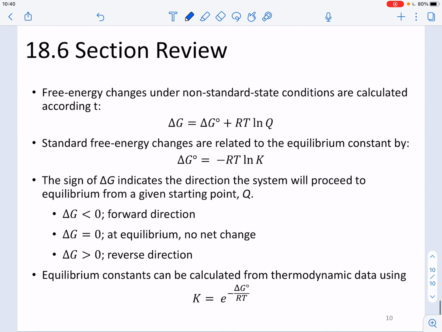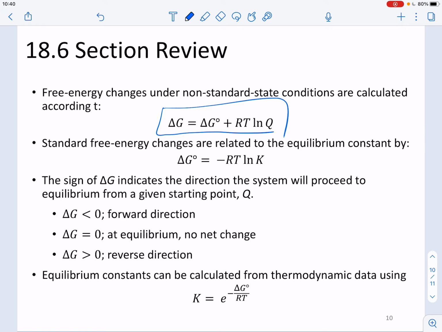As a review here, it's all about calculating delta G in any other situation. Okay, not always. What we've done in the past has always been assuming that you are doing that under standard conditions, but in real life, hardly everything is under standard conditions, so you have to adjust to whatever conditions you have. And in that case, you use this equation to calculate your delta G under those different conditions.